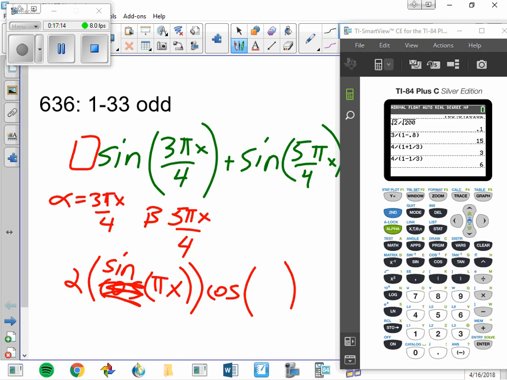So it's negative 2 pi x over 4, which is negative pi x over 2, and then I have to cut that in half. The formula tells you divide by 2, negative pi x over 4. Wow, that's the best looking pi I've ever drawn. I didn't even mean to do that. So thanks, Nate. That's way easier.